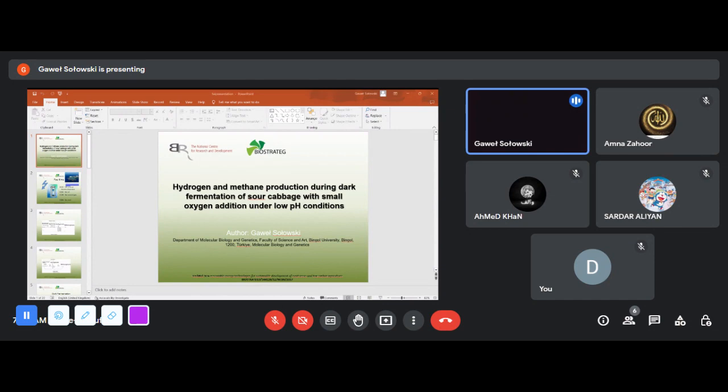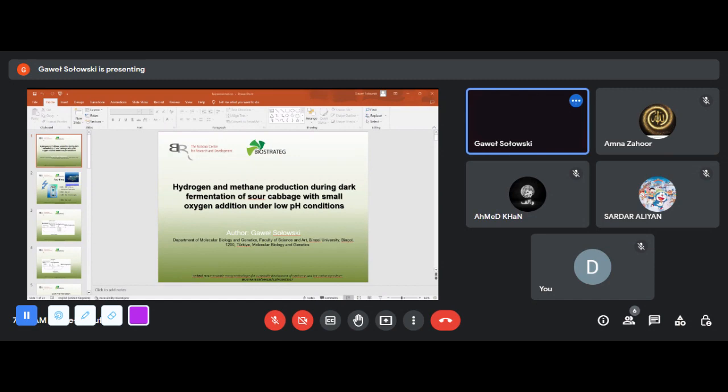We need to see what dark fermentation is. It's a special case of anaerobic digestion.